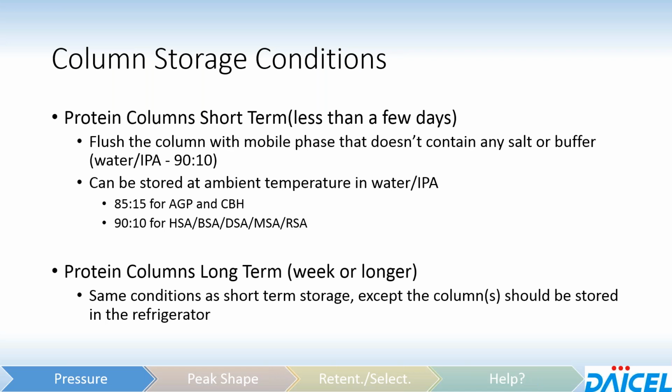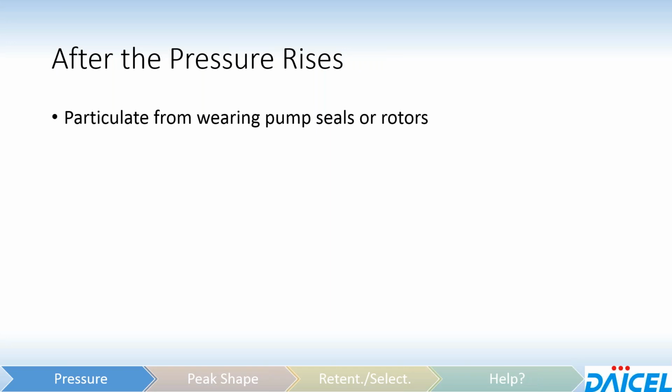So what happens after you see a rise in the pressure? Well, if you have particulate that's coming from wearing of the pump seals or the rotors, you likely are going to have to replace the inlet frit because you have material now on the inlet frit that has blocked it that is pretty much insoluble to most organic solvents, or at least those that you can actually use to flush your columns with.